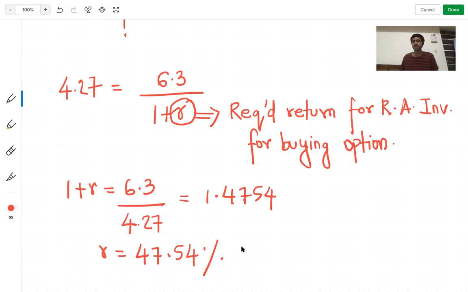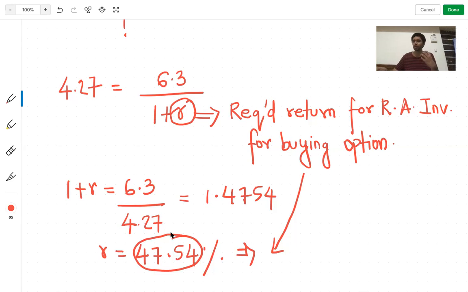This is the required rate of return for a risk-averse investor for buying an option. A risk-averse investor who has a required rate of return of 8% for 6 months for buying a share requires 47.54% for an option.